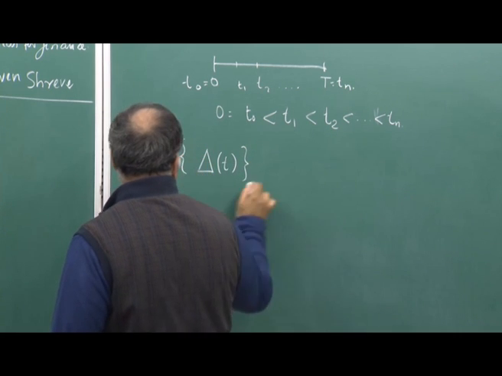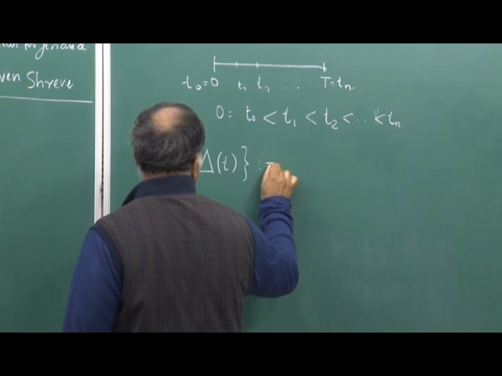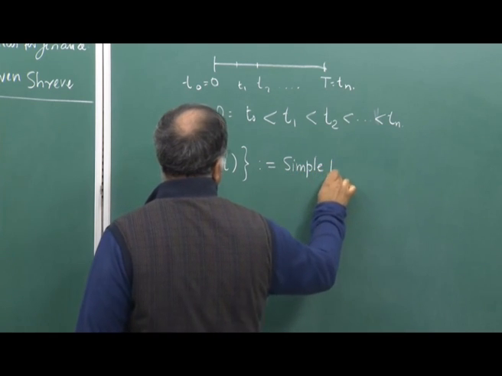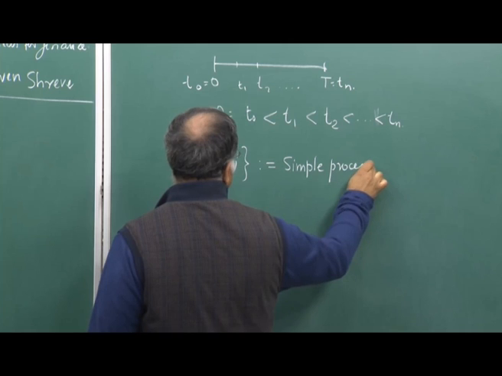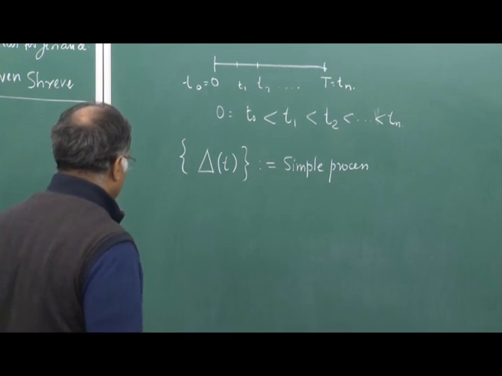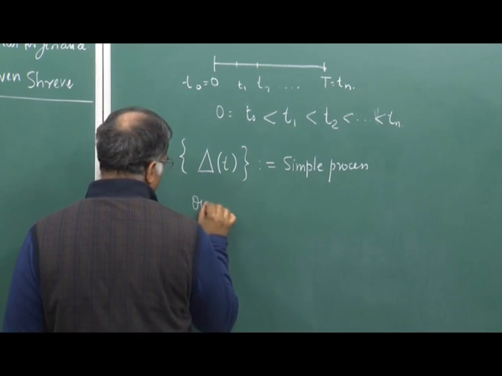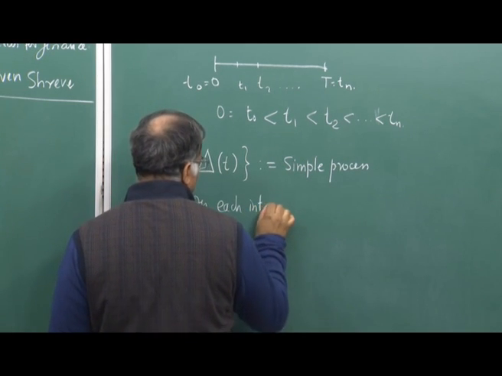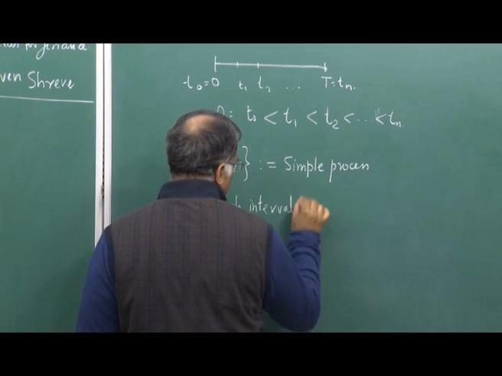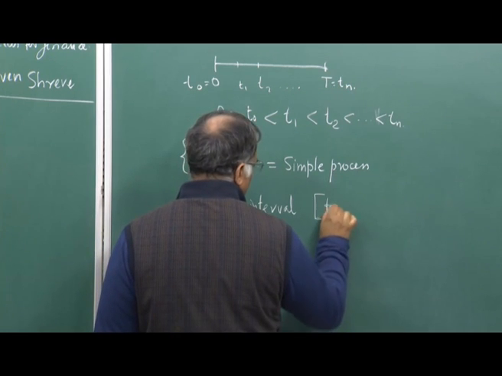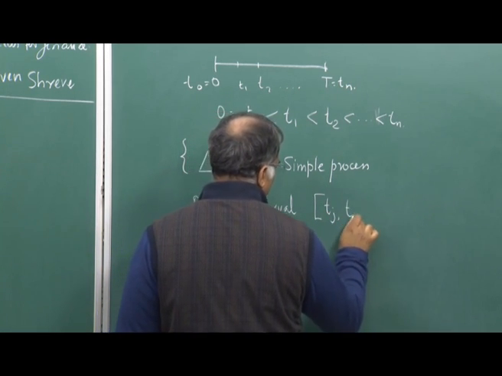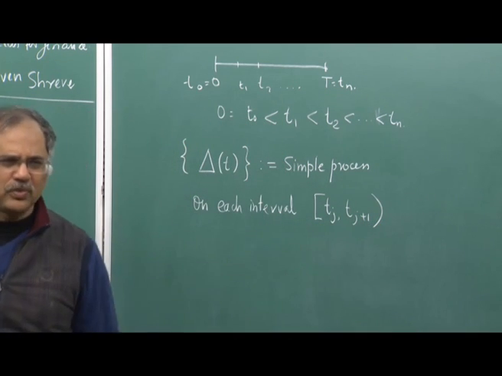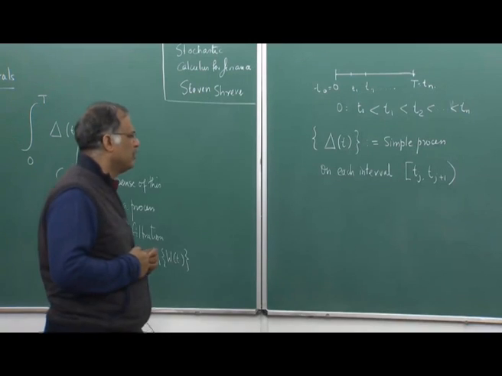We will take this to be a simple process. Simple process means on each interval from t_j to t_{j+1}, which includes t_j and not t_{j+1}, this is constant.